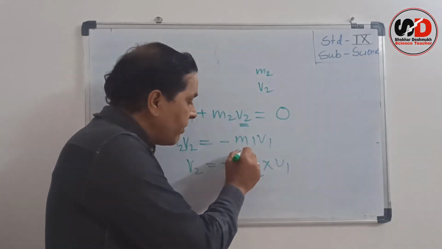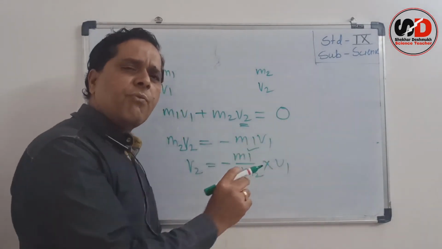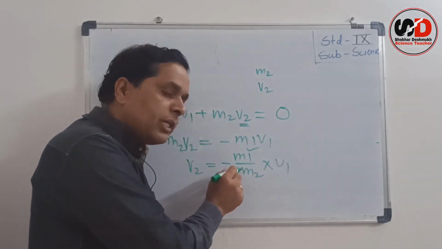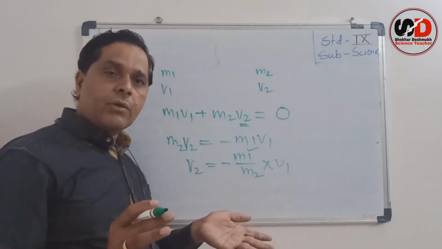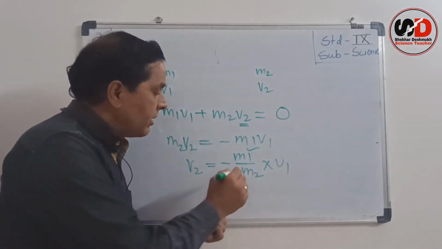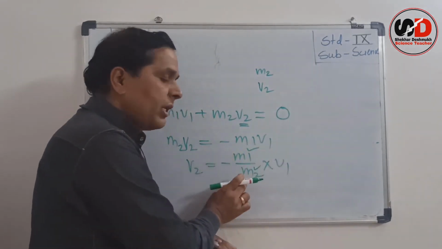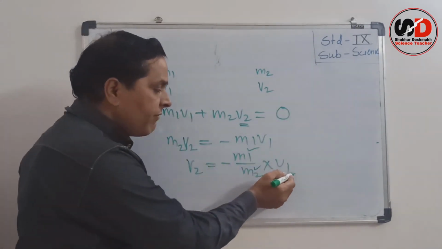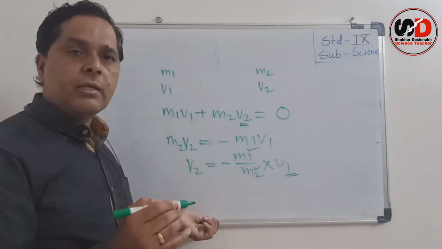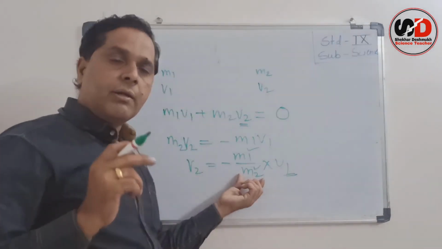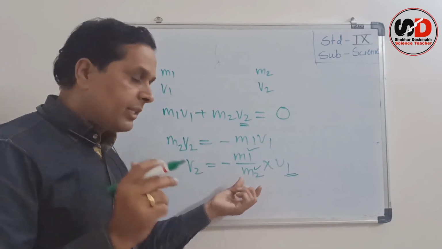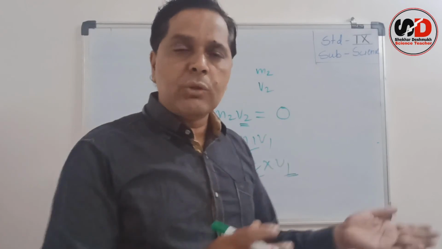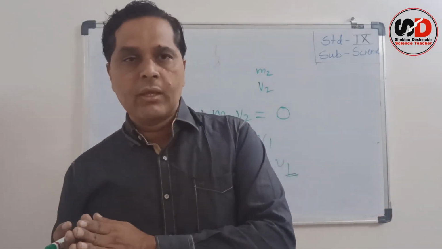As the mass of bullet, it is very small, and the mass of gun is very high. So we get m1 upon m2, it is very small. So to get very high velocity to the bullet, the mass of gun must be heavier, and therefore we get v2 very small, but it is negative, that means it is in opposite direction.